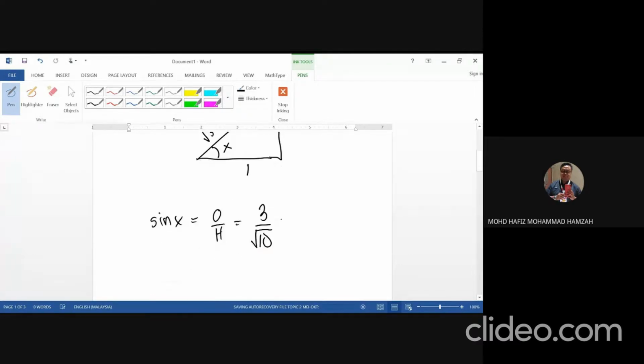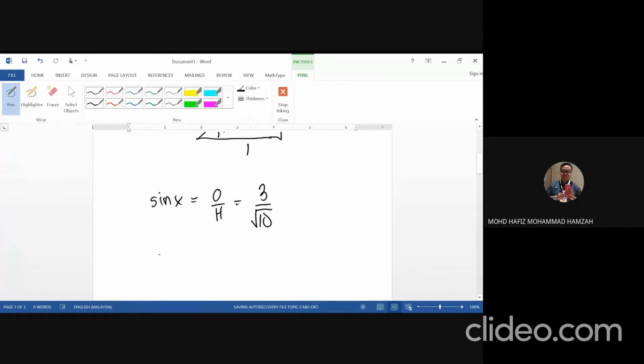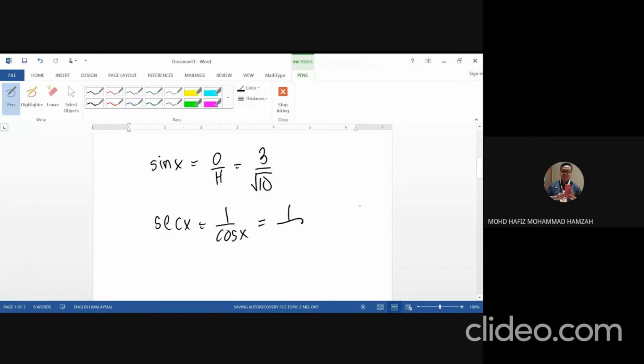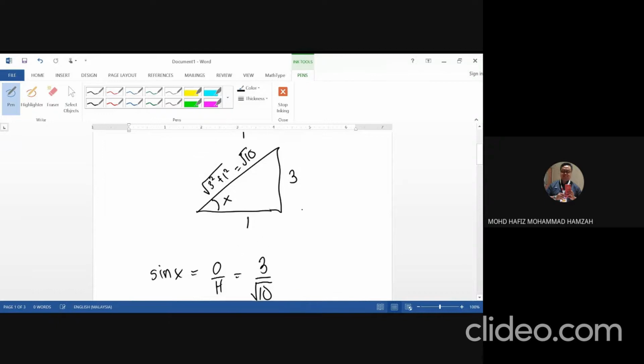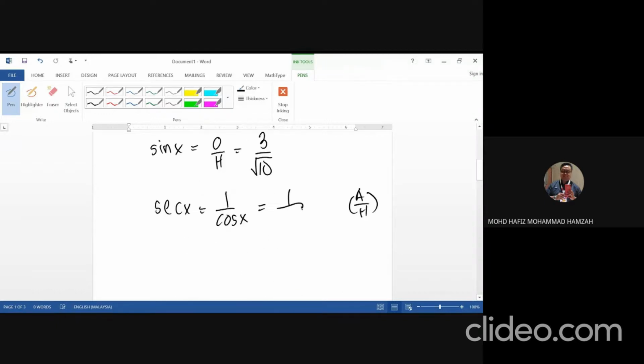Okay, katalah you nak dapatkan secant x. Secant x is 1 over cos. Okay, so 1 over cos adalah hypotenuse over adjacent. Normally triangle tu adjacent adalah 1, hypotenuse adalah square root of 10.